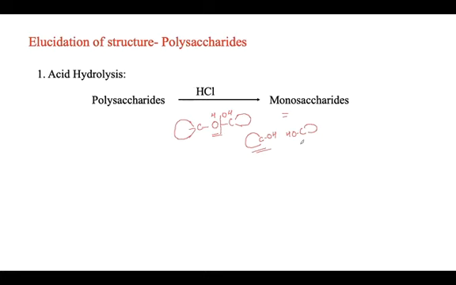Then we try to know the structure of these monosaccharides, and for that we have different techniques. We have paper chromatography, and after using paper chromatography we spray the paper with ammoniacal silver nitrate to find the black colored spot, and we find which monosaccharide unit is present.